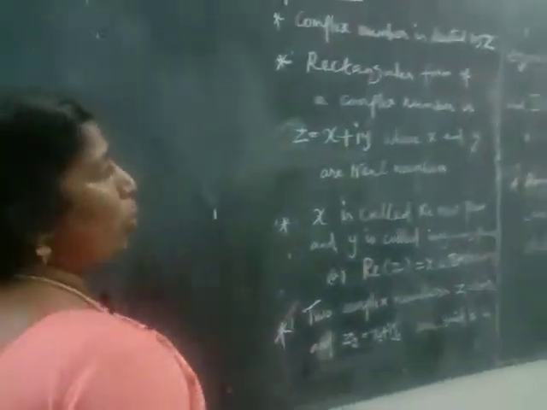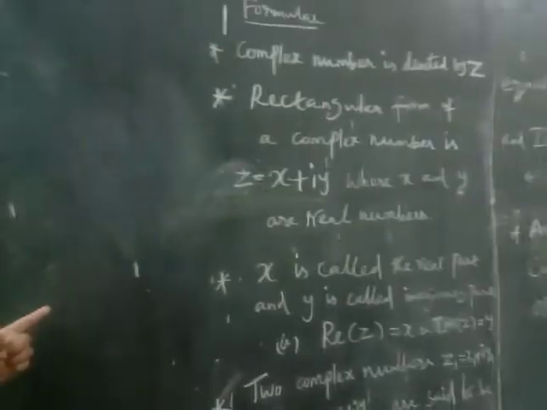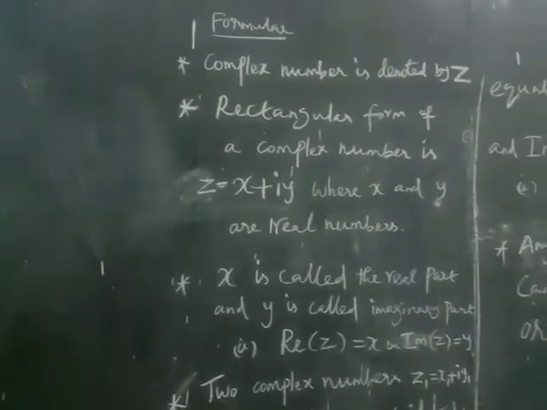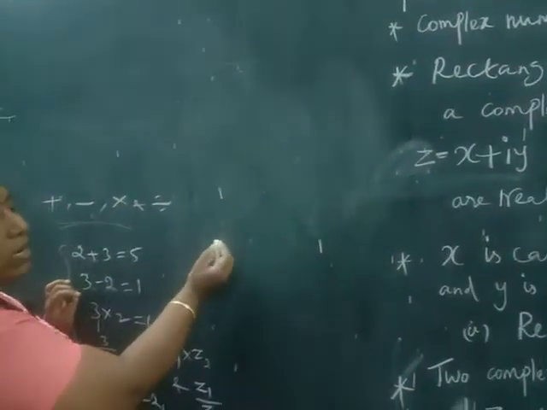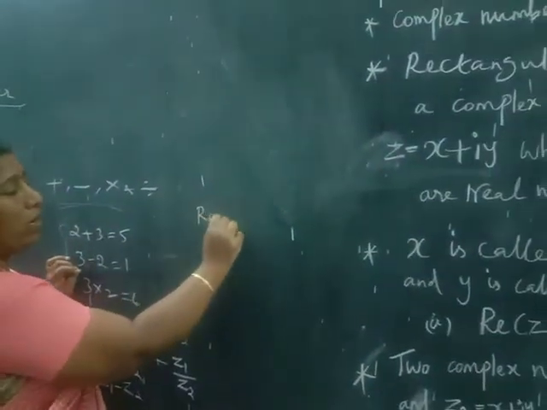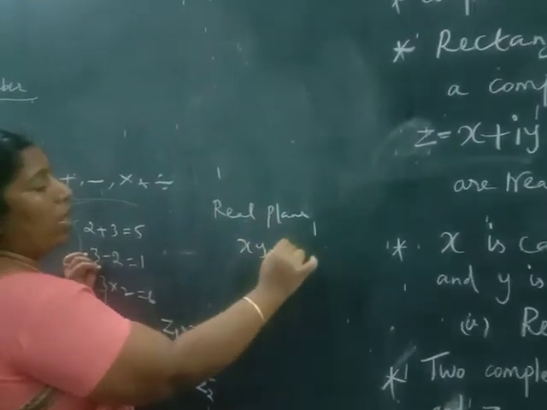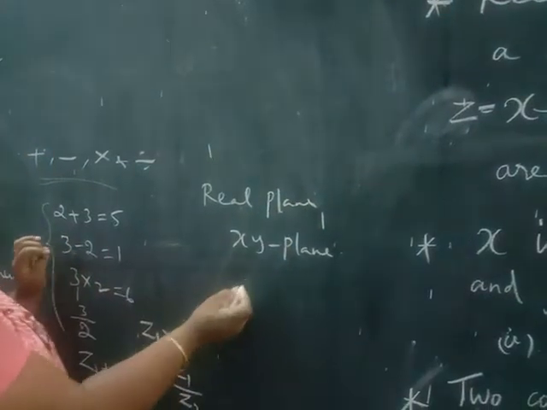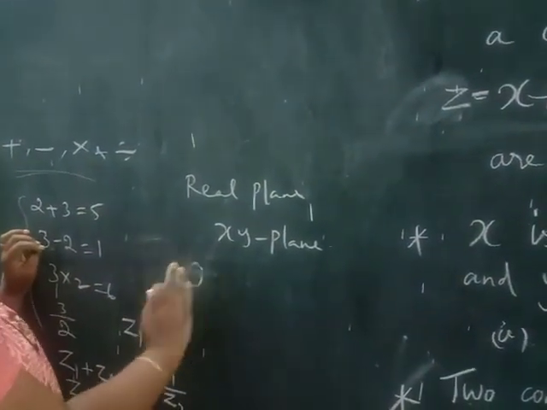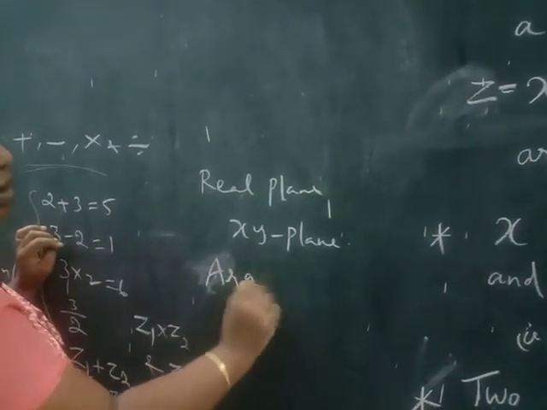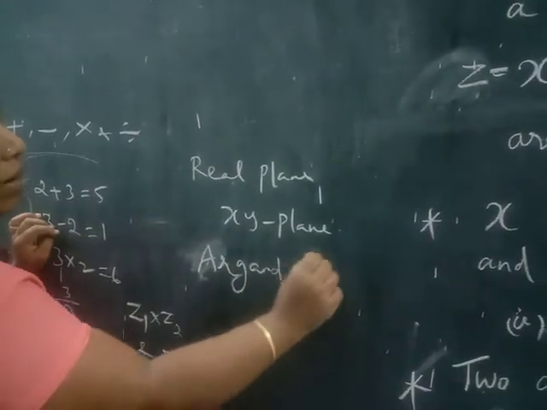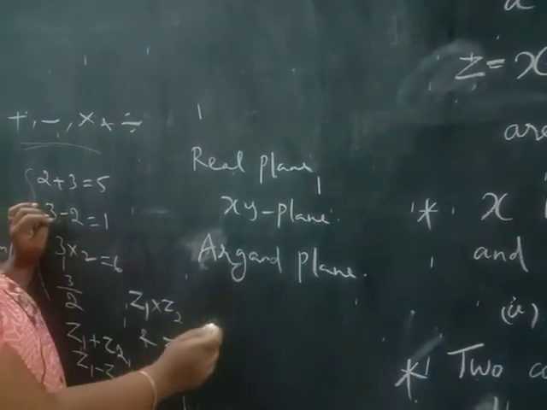Now one more definition, the Argand plane. I think you have learned the real plane in previous classes. The real plane is nothing but the XY plane. Now you are going to learn the Argand plane. What is meant by the Argand plane?